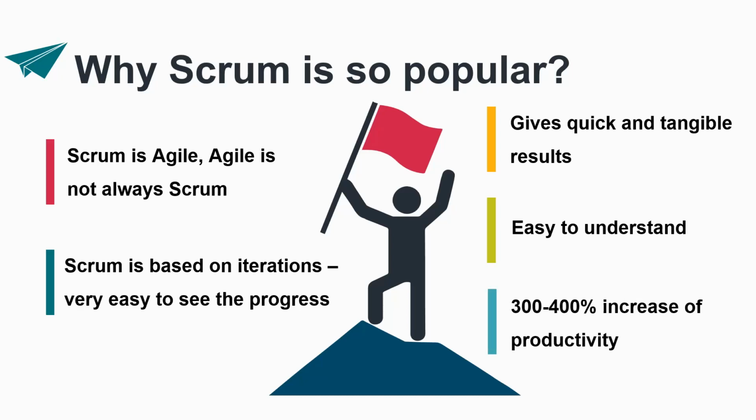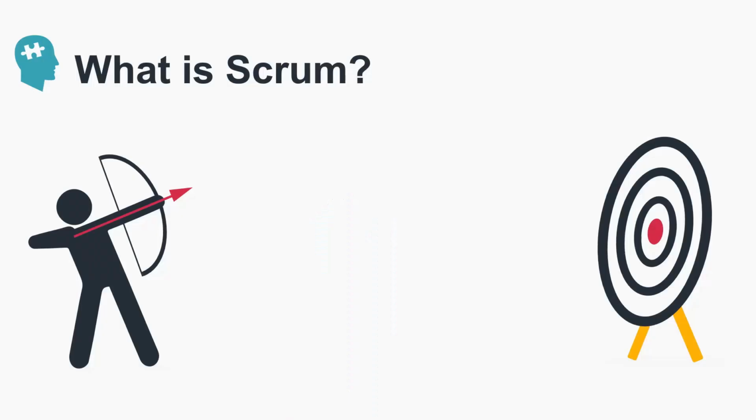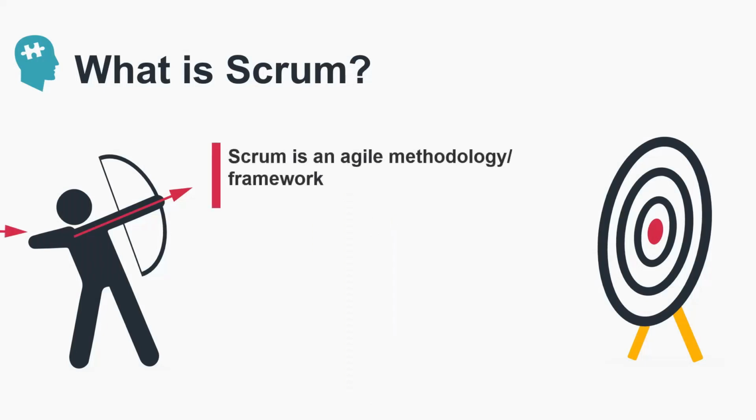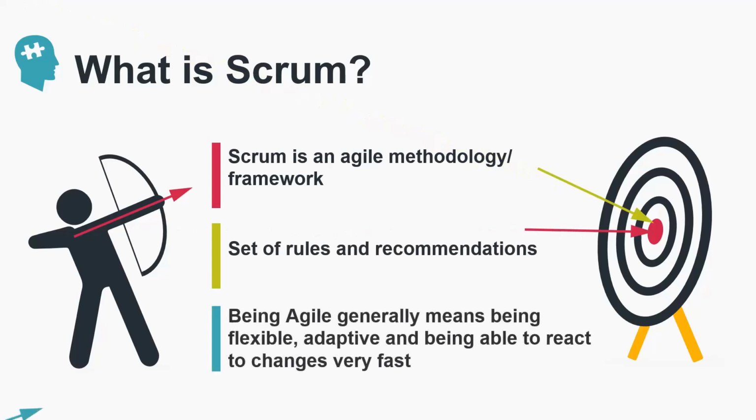Can you imagine that? What is Scrum? Can you tell? Any guesses? Alright. Scrum is an Agile methodology or a framework which provides you with a set of rules and recommendations. Being Agile generally means being flexible, adaptive, and being able to react to changes very fast.